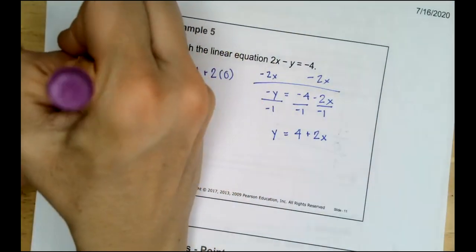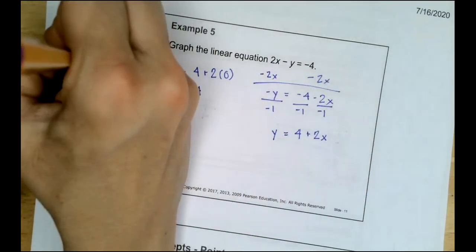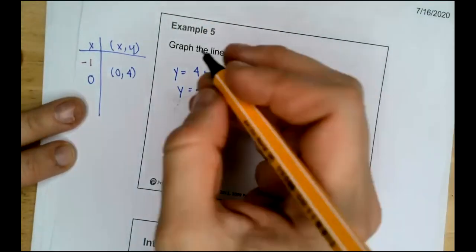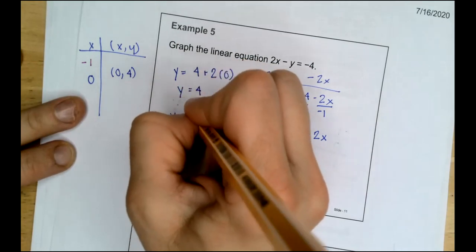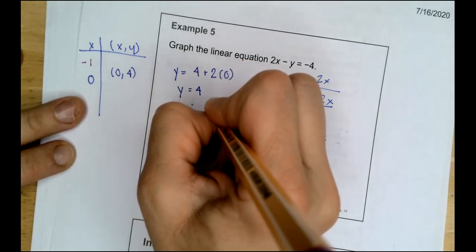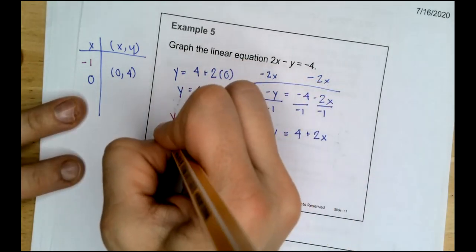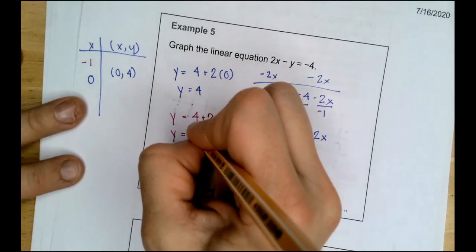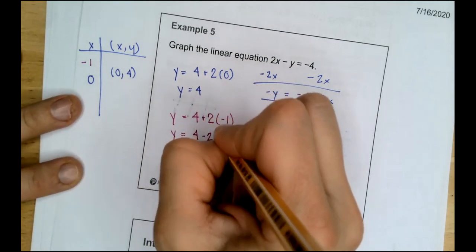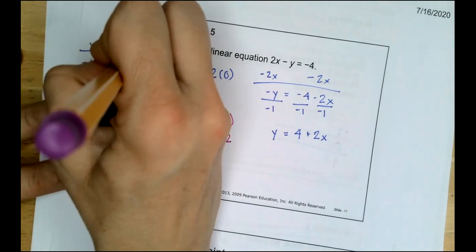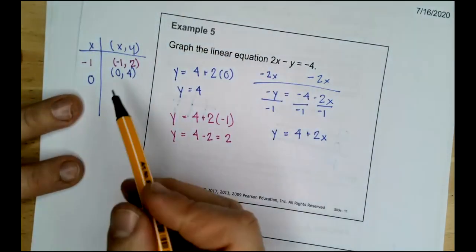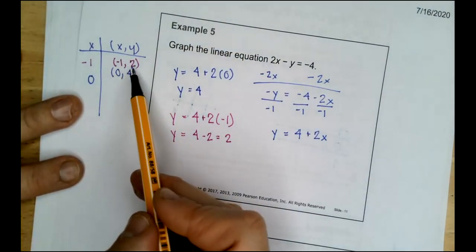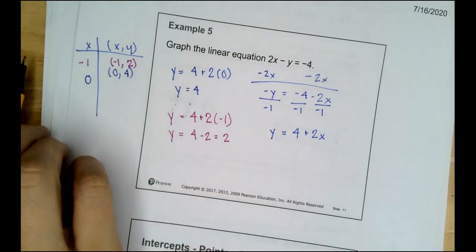When my x is -1, sorry, I like the negatives up there. Y equals 4 plus 2 times -1, y equals 4 minus 2, which is 2. So we should see a difference of, I add 1, add 2, right?